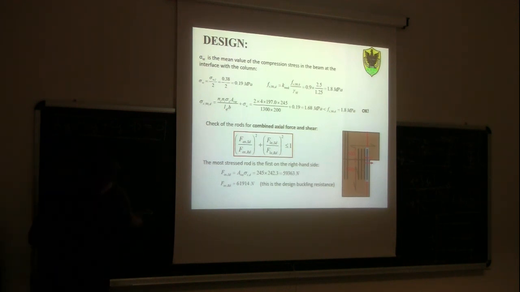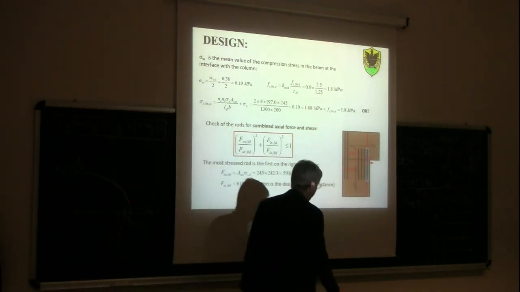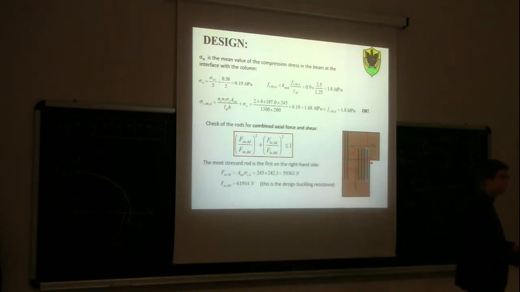In a linear interaction criterion, you would have very little possibility to take up any shear. But in our case, since we have this interaction criterion, there is some possibility, despite the fact that the two values are quite close, to get also some additional strength for shear.